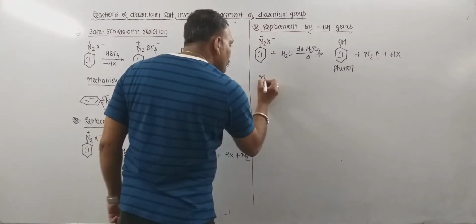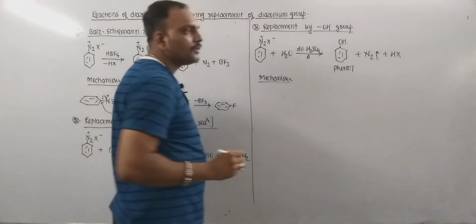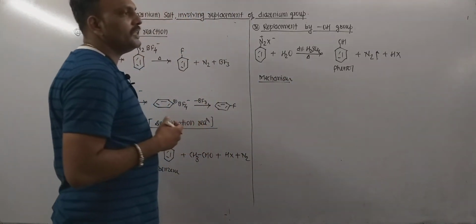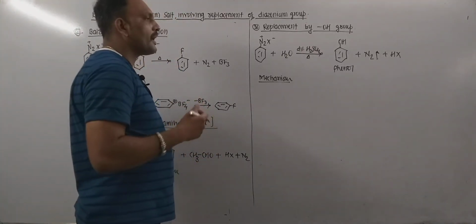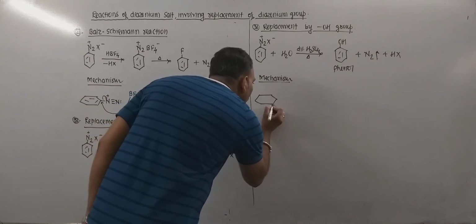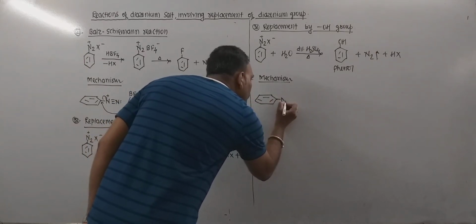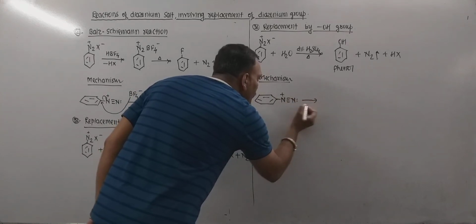Now the mechanism of this reaction is so simple. As far as the mechanism is concerned, it involves the formation of a carbocation. So let's see, this is the diazonium ion, which can be drawn or represented as shown. First of all, what happens?